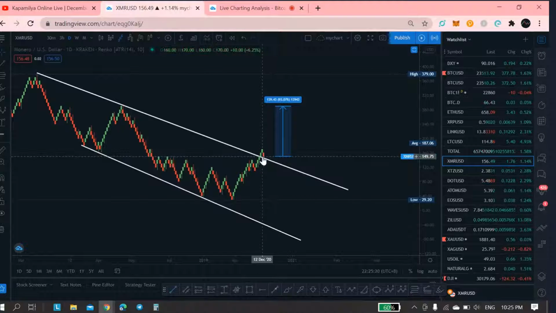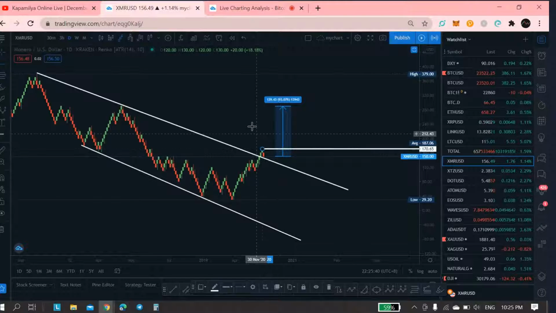I think it will hold at $150. That's the support I'm looking at. Immediate resistance is at the previous high of around the 170 area.